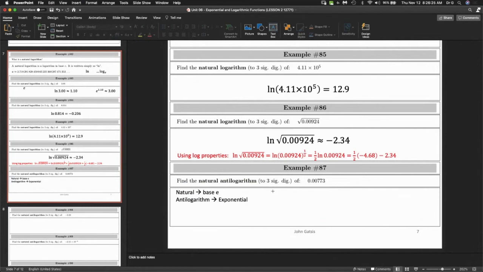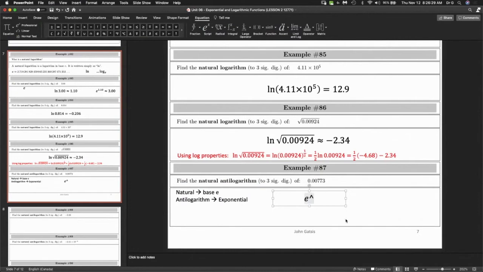So in this case, if you wanted an anti-logarithm of that, that would be e to the 0.00773, which is how much? What do you get there?